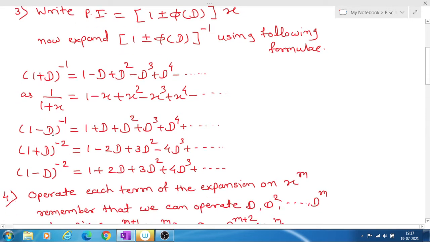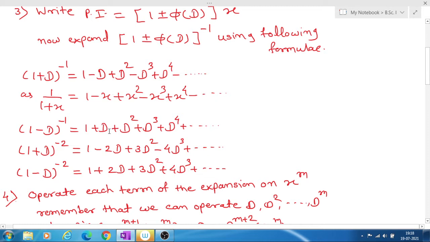Similarly, for 1 upon 1 minus x or (1 minus x) raised to minus 1, here we want the formula for (1 minus D) raised to minus 1. So the formula in x we use here for D. This will be 1 plus D plus D square and so on.